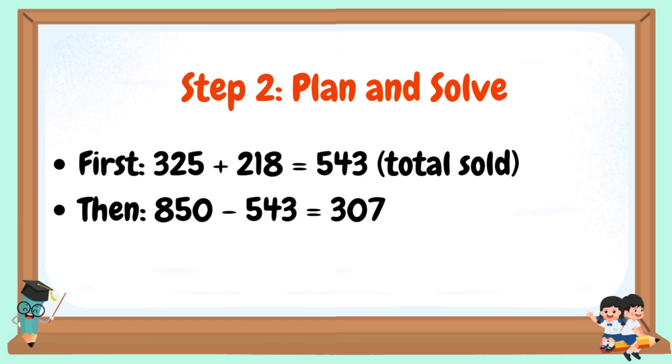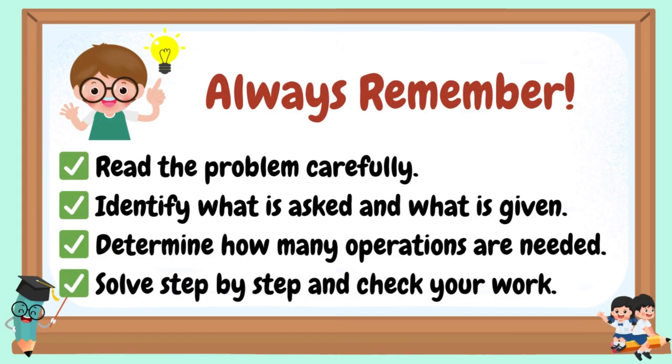The difference is 307. Always remember, read the problem carefully. Identify what is asked and what is given. Determine how many operations are needed. And solve step by step and check your work.